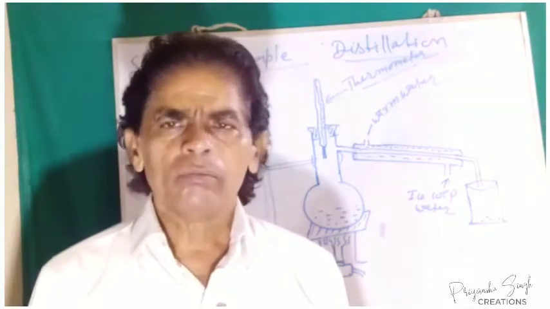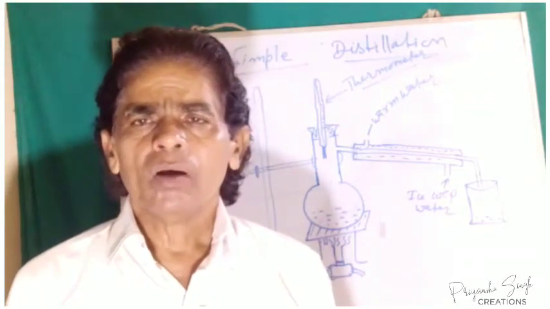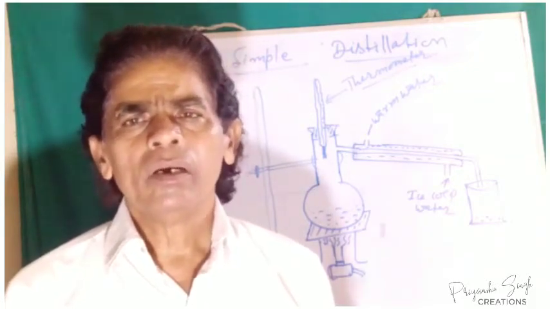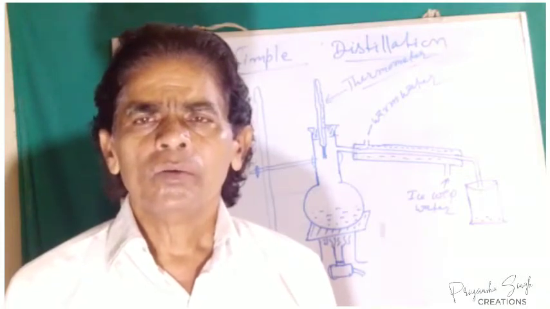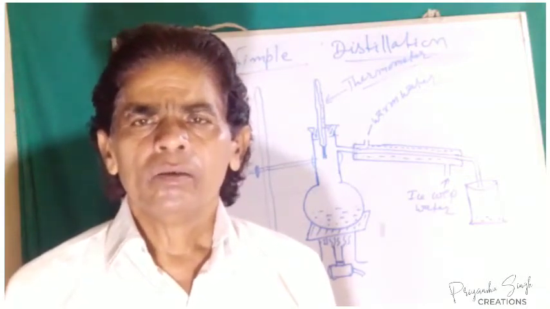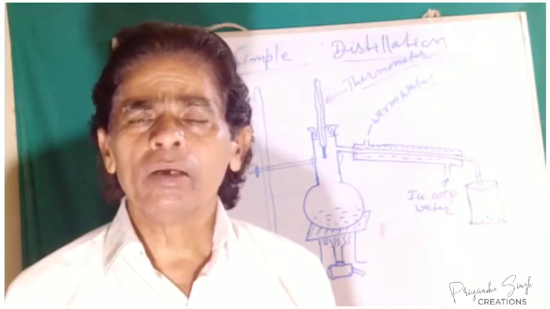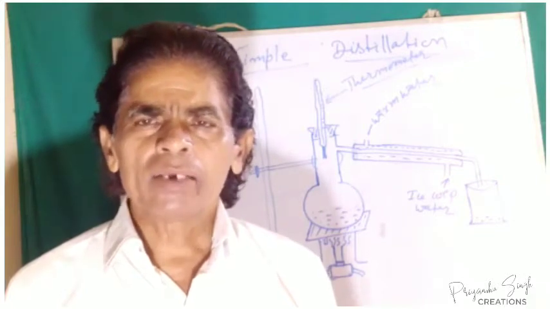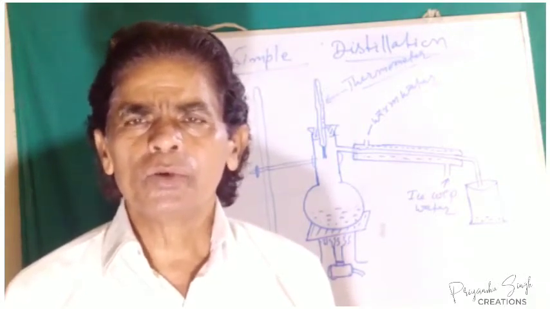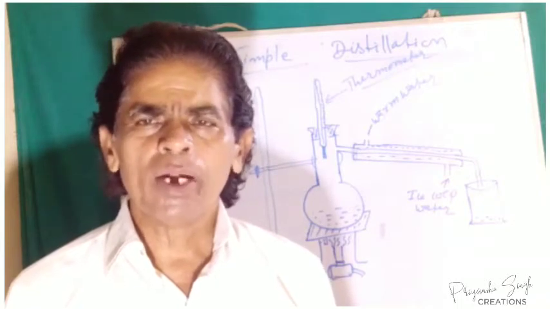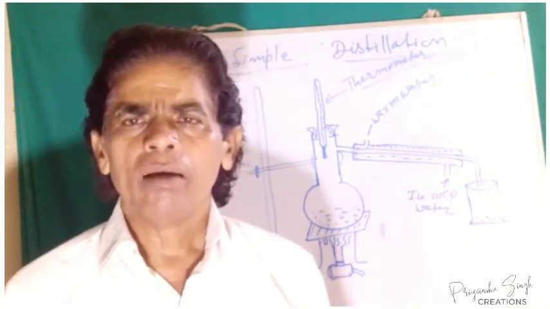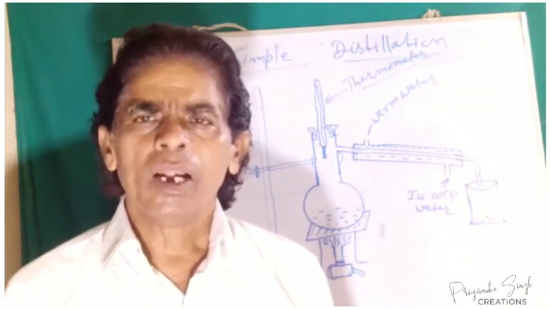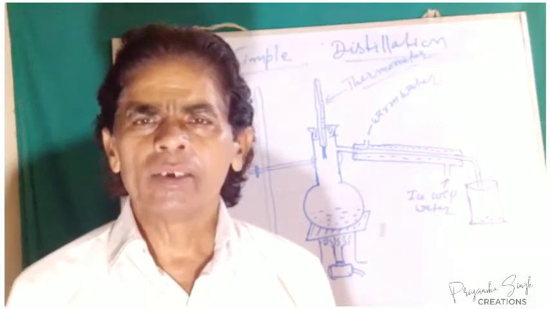So we will not receive the pure component of the liquid, because we may get two or more liquids mixed together even after distillation. That is why fractional distillation is used to separate the components of a mixture having boiling point differences less than 20 degrees Celsius.